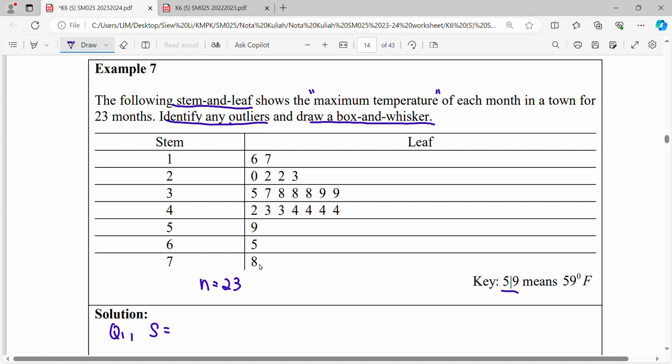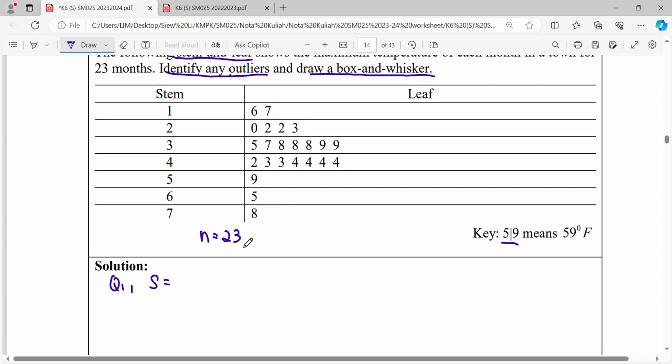To get the first quartile, is this grouped or ungrouped data? Ungrouped data, but put in a presentation of stem and leaf. They didn't list it out or give you a table, they gave you a stem and leaf pattern. So for the first quartile, 1/4 times our data gives 5.75.